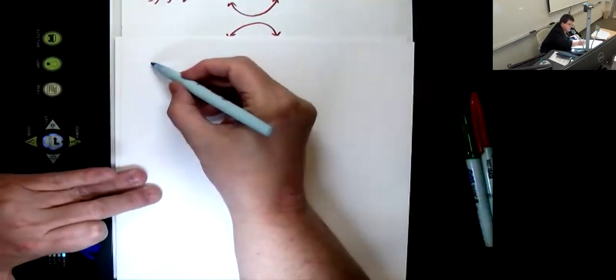So I'm going to use the X1 to just do some big picture or generalized pictures.